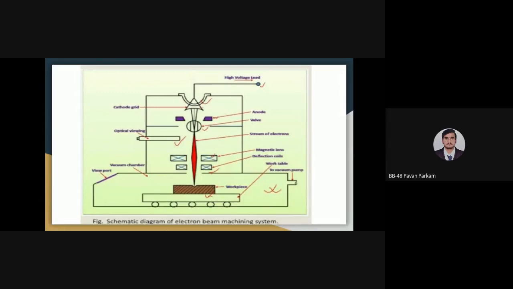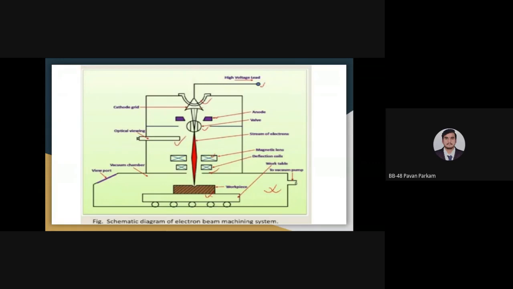So due to the chemical backing material, that recast layer will be reduced.